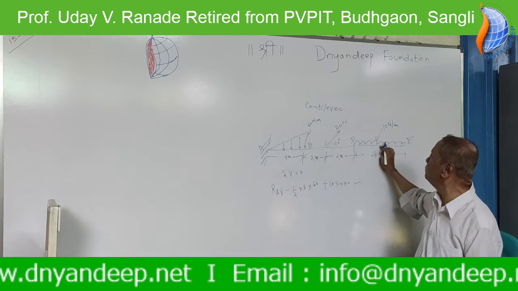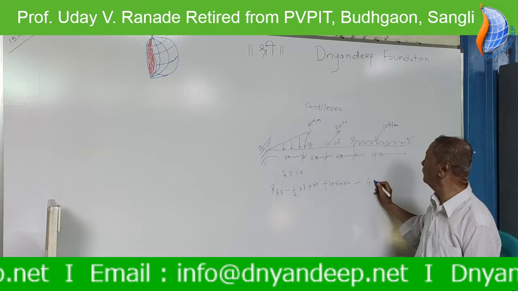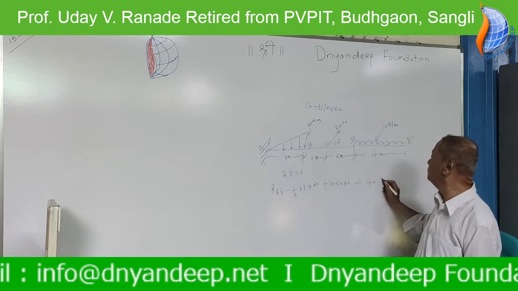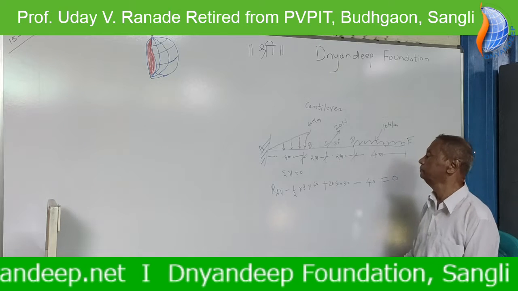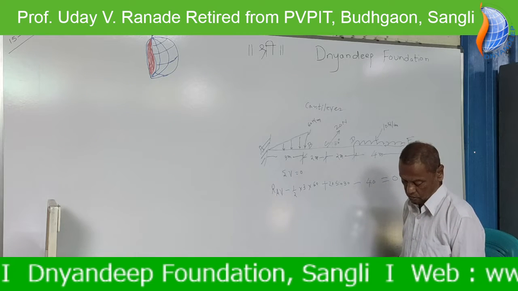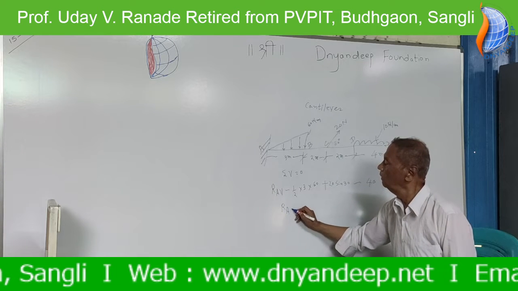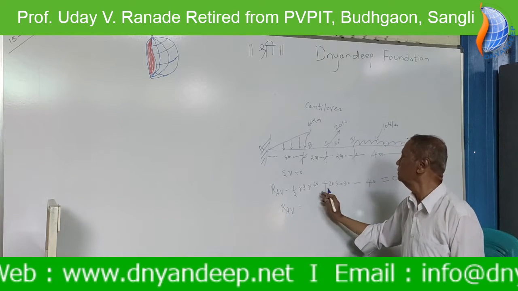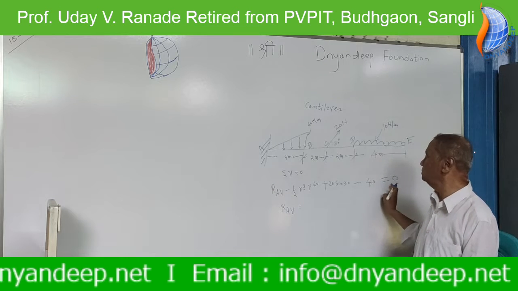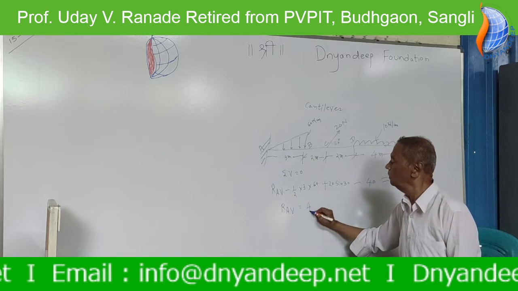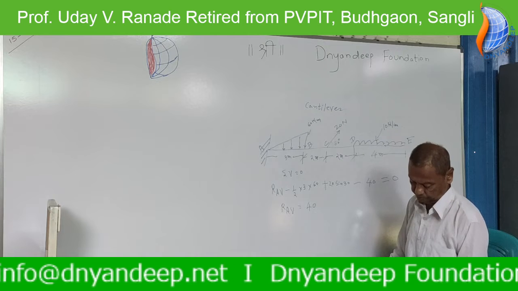Minus 10 into 4, 40 equal to 0. Therefore, RAV, on this side, this becomes plus 40.